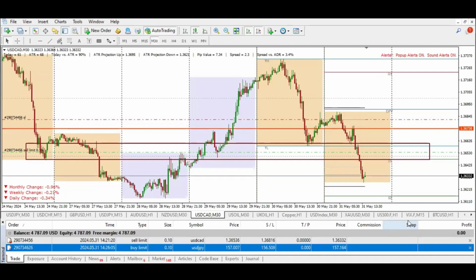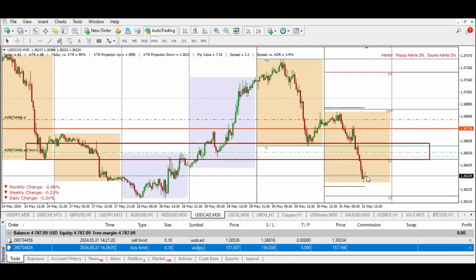You can set it such that you put, let's say, a 20 pip trailing stop right there. This is how it's going to work. As price is moving in your favor by 20 pips, your stop loss is adjusting by 20 pips.